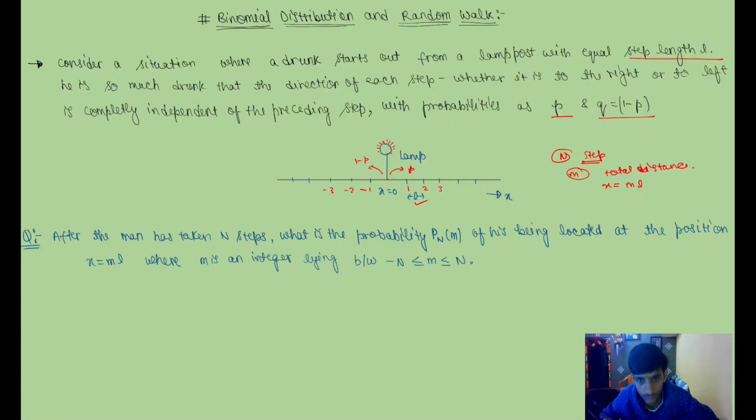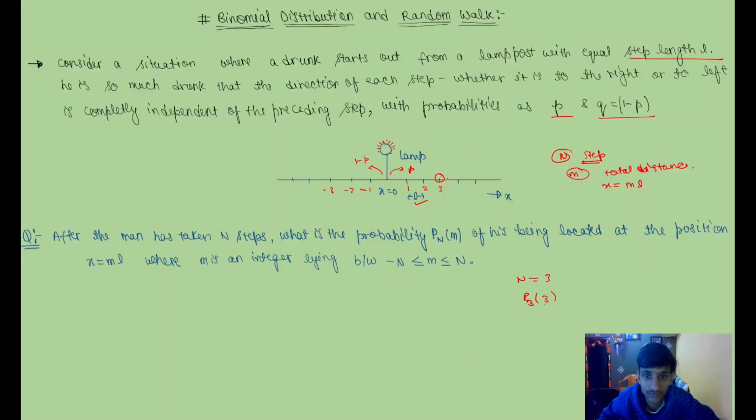So now we have a question. Let's say he is taking 3 steps, N is equal to 3. What should be the probability that in 3 steps he is at the distance 3?